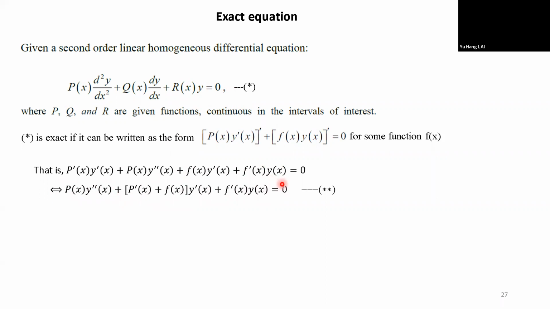If this one can indeed be written in this form, then what we require is that this Q of x has to be written as this P prime of x plus F of x, and R of x has to be written as this F prime of x.